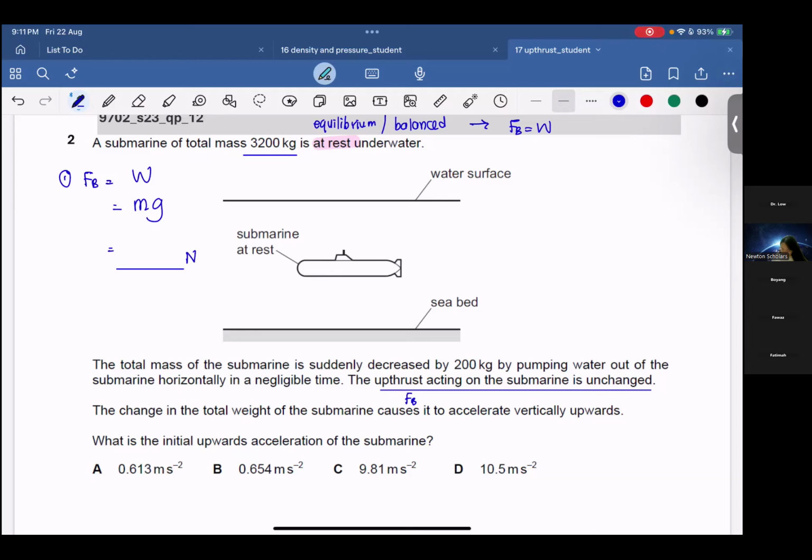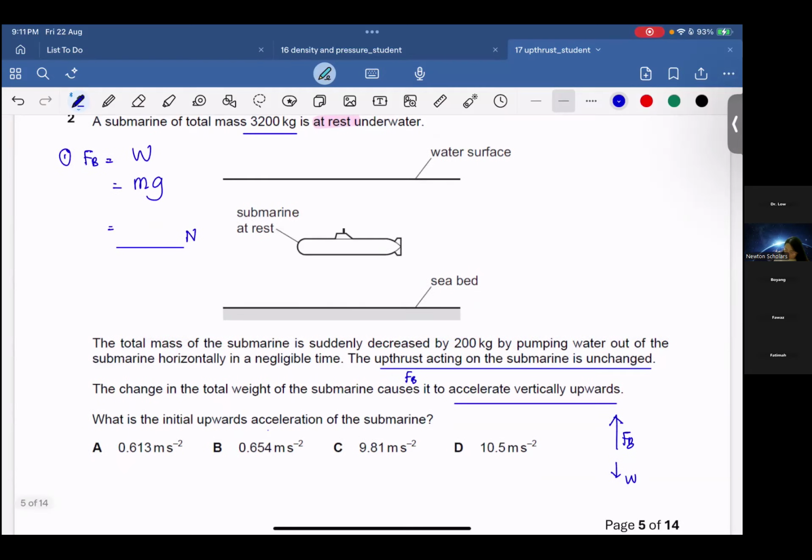The change in the total weight causes it to accelerate upwards. If it accelerates upwards, that means the upward force is actually bigger than the downward force. Therefore, it accelerates upwards.